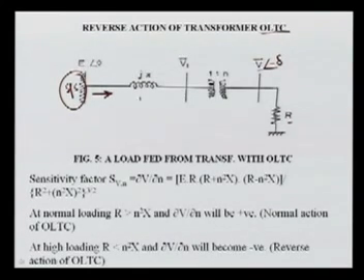Here we have a line, and this is your transformer, having the turn ratio 1:n, meaning your V1 over V will be 1/n, that is N1 upon N2.